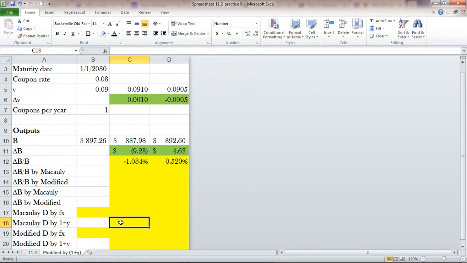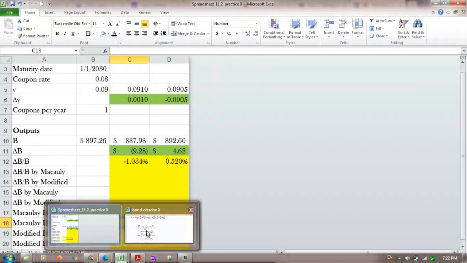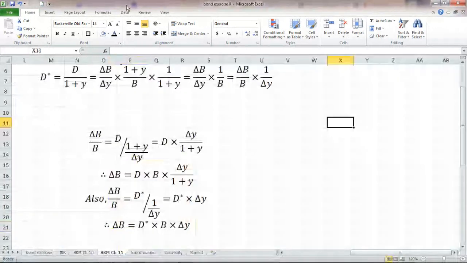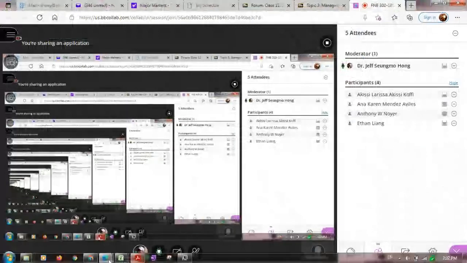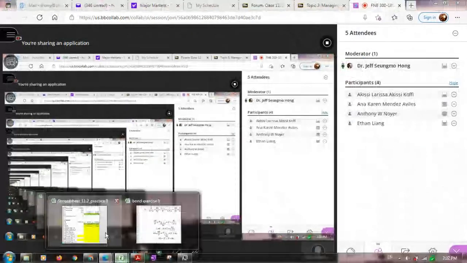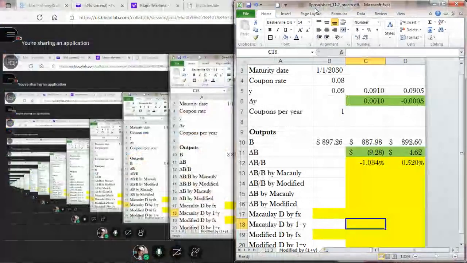So let's calculate Macaulay duration using 1 plus y. Remember, that is the formula, right? I can't put them side by side.